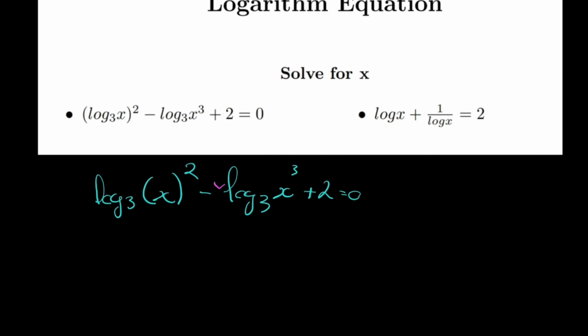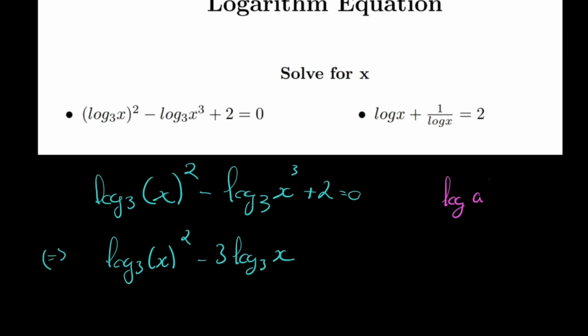This is a simple polynomial of order 2. So let's try to solve it and transform everything into powers of log 3. So log 3 of x, everything squared, minus 3 log 3 of x, because let's remember that log of a to the b is equal to b times log a, and here a is equal to x and b is equal to 3, plus 2 is equal to 0.